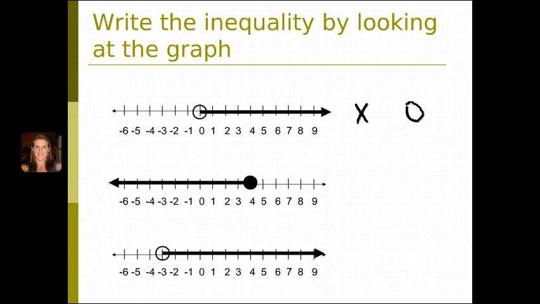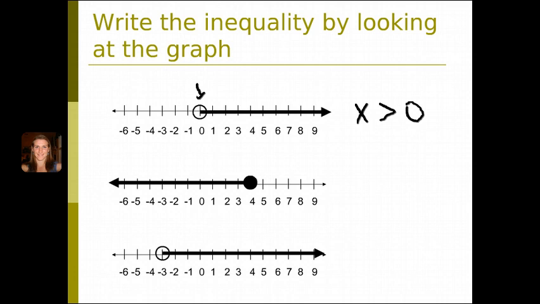Well, our shaded region is in the positives, so these numbers are greater than 0. Since we have an open circle, we are not including 0 in our graph, and therefore we do not have an equal to bar underneath of our sign.